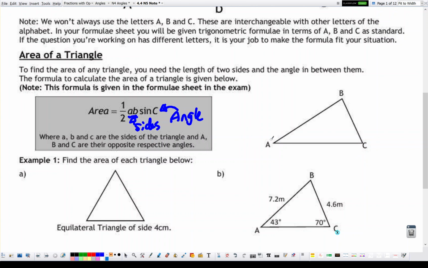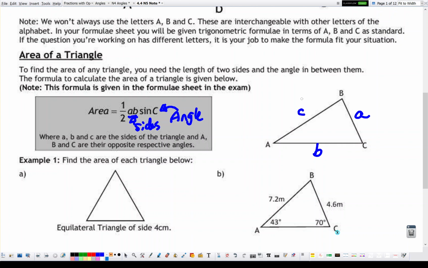And what we're going to do now is write our corresponding sides. So if you stand at angle A and you go across the triangle, that becomes small a over there. If you are standing at angle B and you go across, that bottom one is side B. And if you're standing at angle C, you go across, that is small letter c.